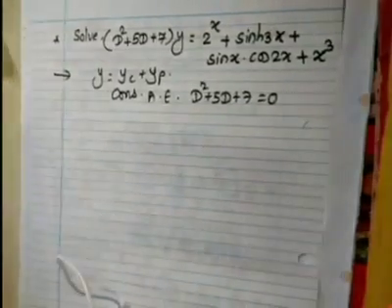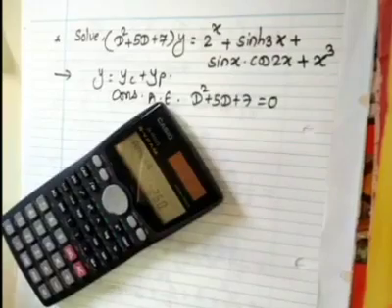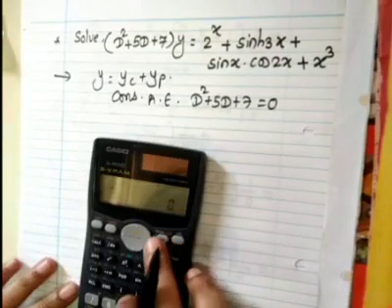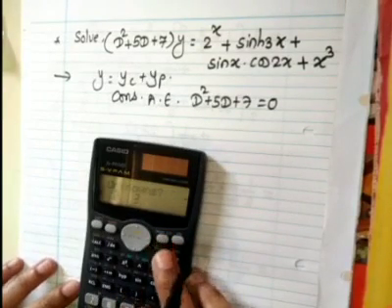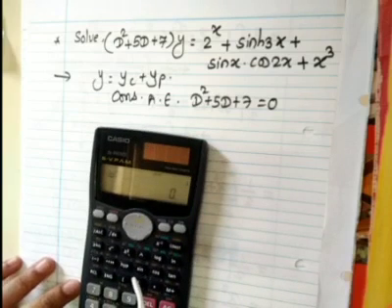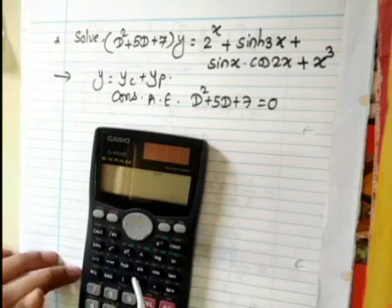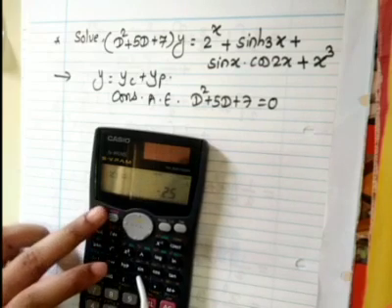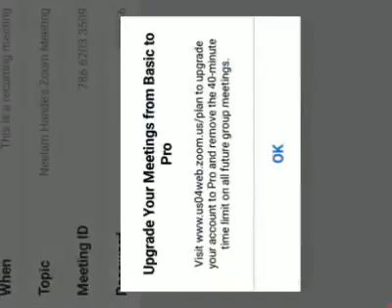Okay, what are the roots? A is 1, B is 5, C is 7. Here it is minus 2.5.